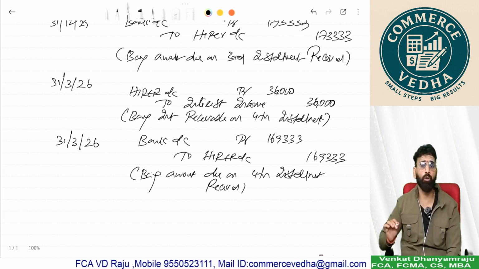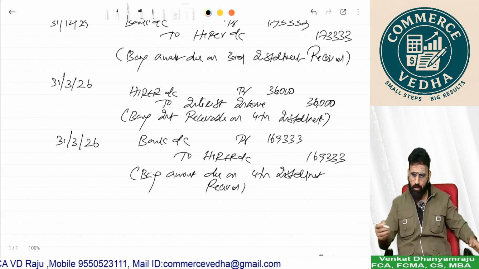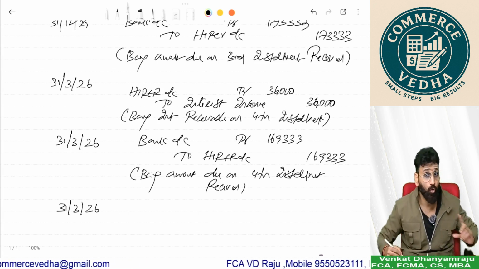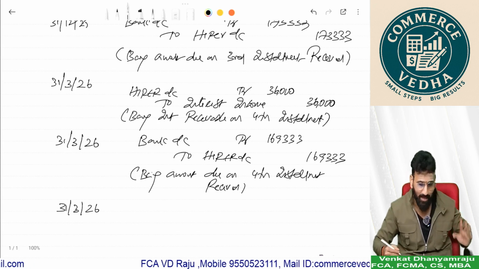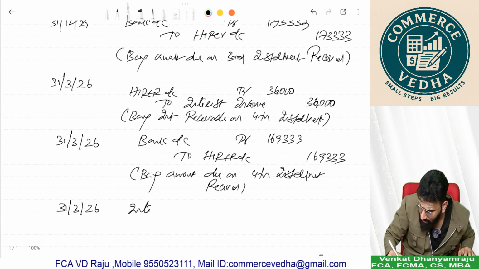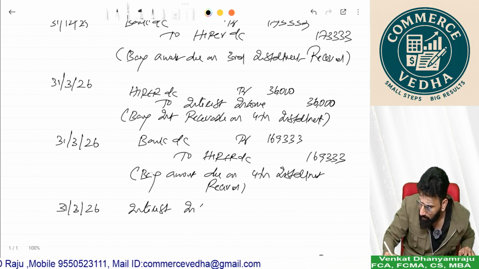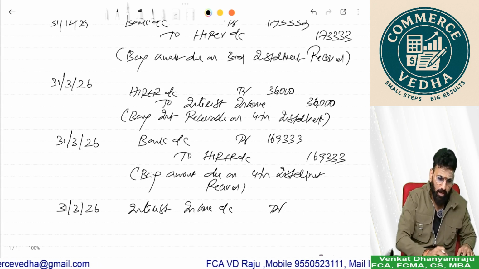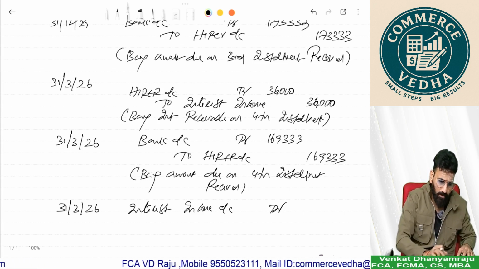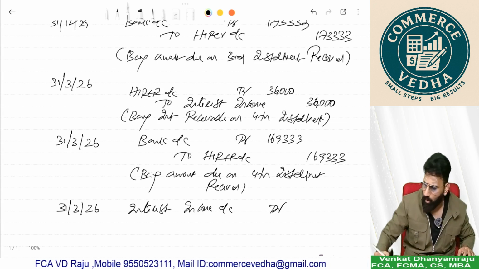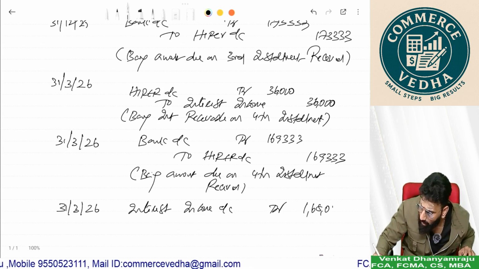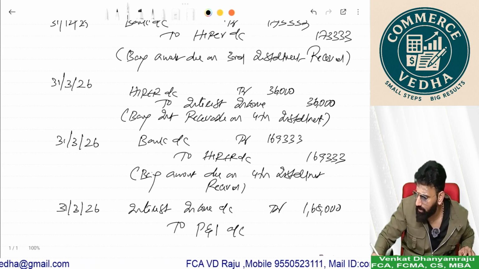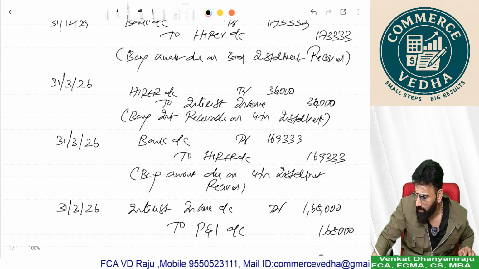And you are not the owner of the asset, so no depreciation in your books. At the end of the year, your income must be transferred to P&L. So interest income account debit, total 48 plus 44 plus 40 plus 36, 1,68,000 to profit and loss account, 1,68,000.